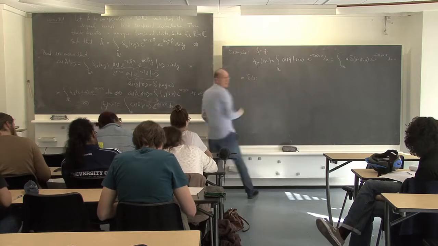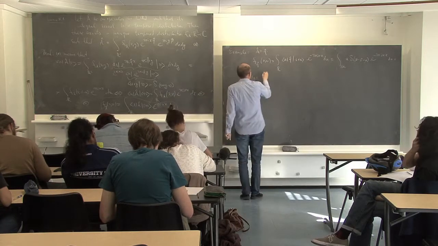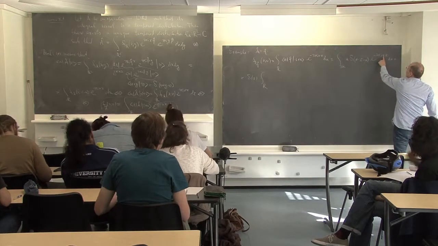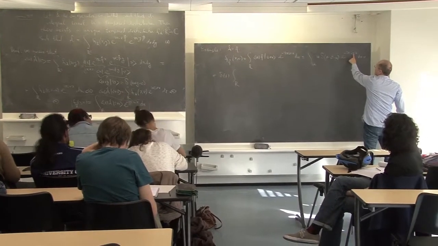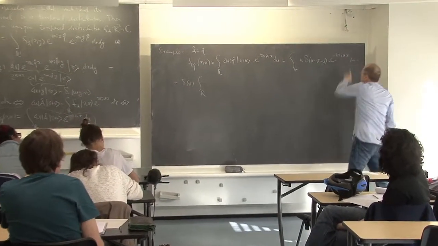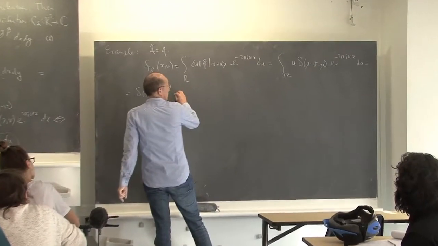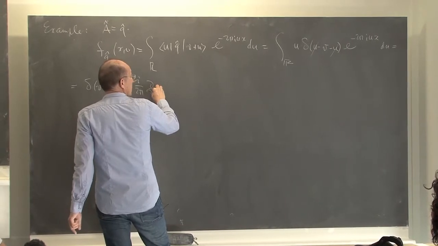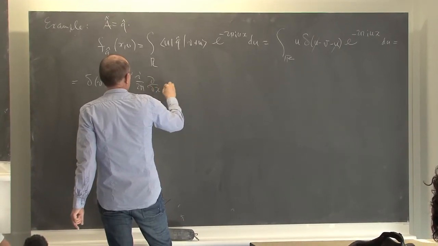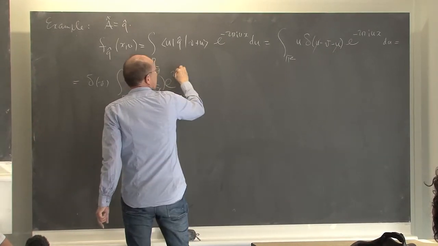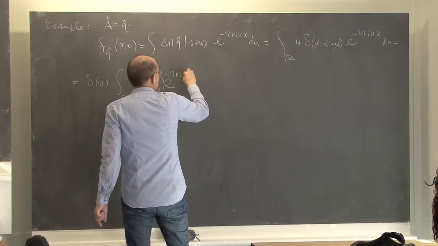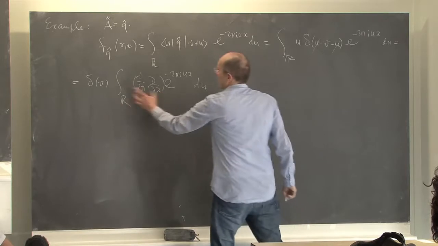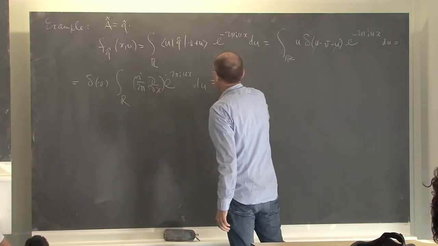It pulls out of the integral. And then in the integral, how do we usually treat this u? Usually we realize it as a differentiation if we see an exponential. So it is written like i over 2π d over dx acting on the exponential e^{-2πi u x} du. And then we pull it out of the integral because it is u independent.